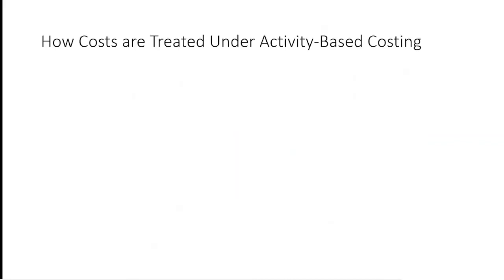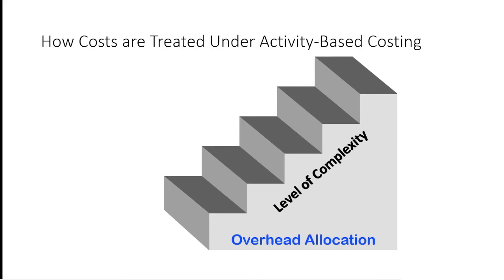So that is how costs are treated in activity based costing. There is overhead allocation and there is a level of complexity. If there is a plant wide overhead rate, it is easy to allocate, because you calculate the overall plant wide rate and then just allocate that to every product the plant is producing.